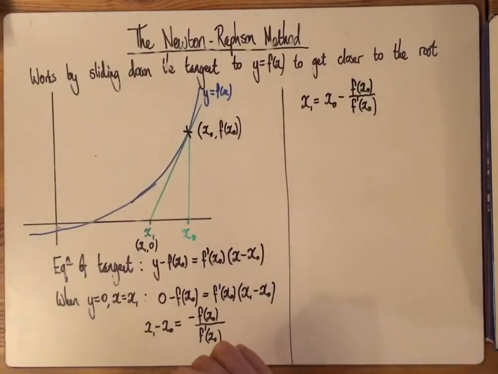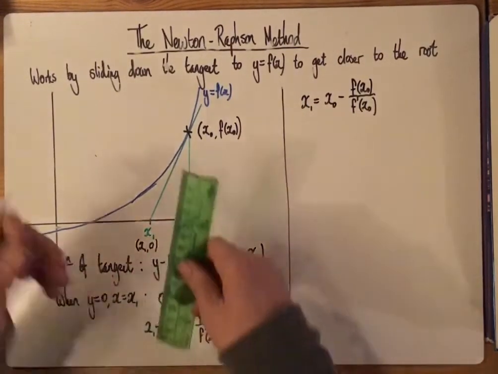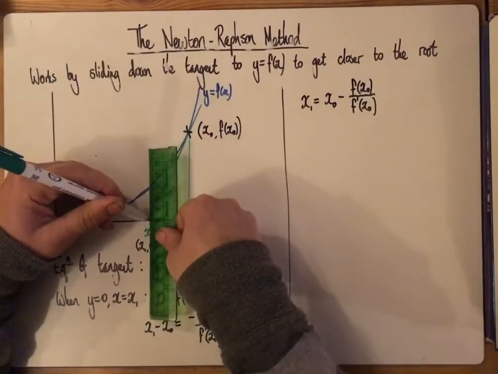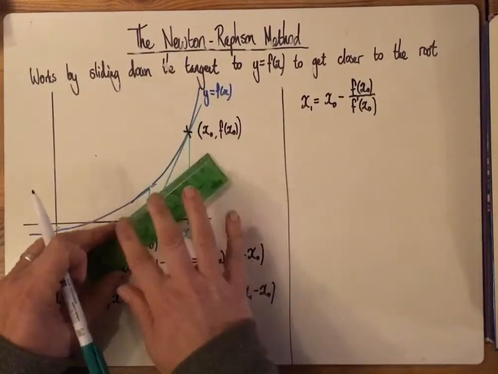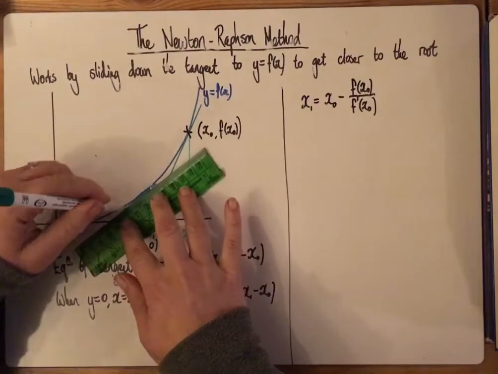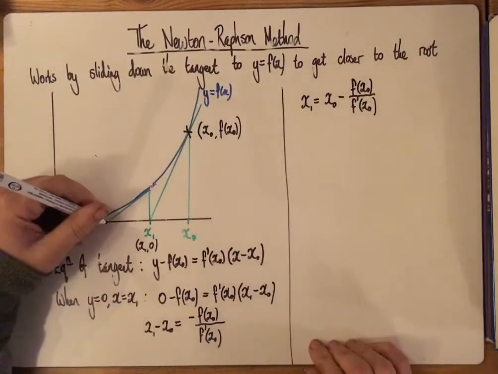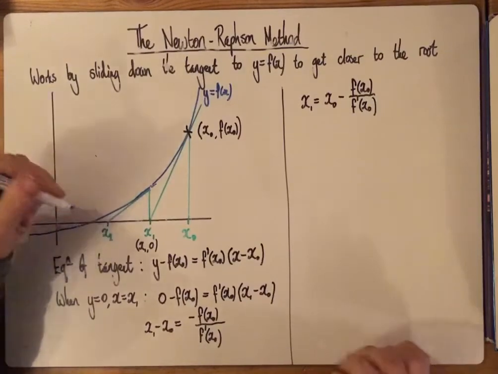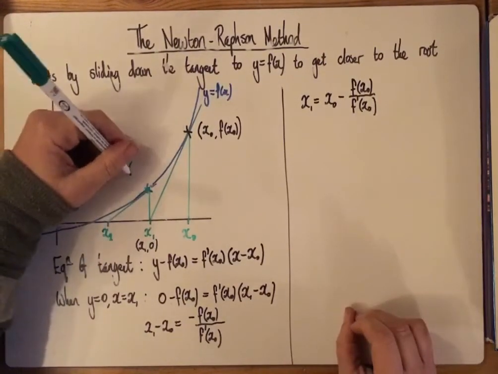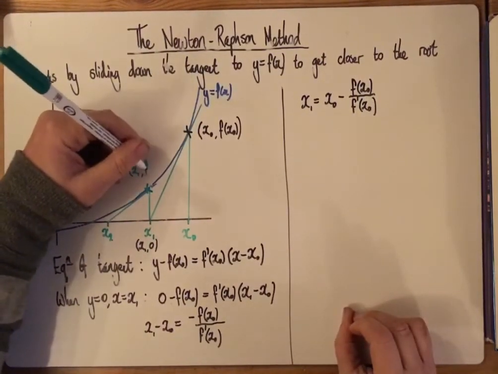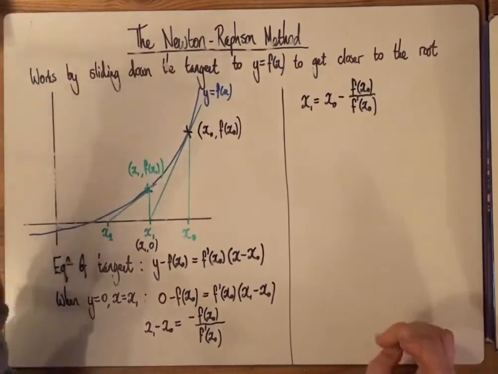And then you could repeat the whole process by going up to the curve and sliding down the tangent, and that would take you to x2. The coordinates here are x1, f of x1.